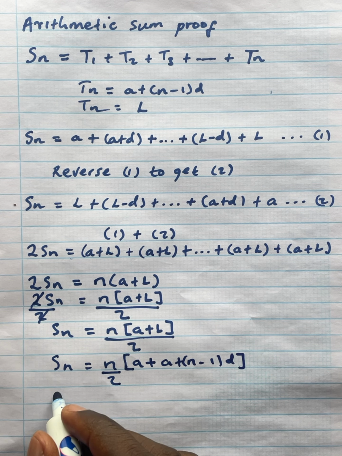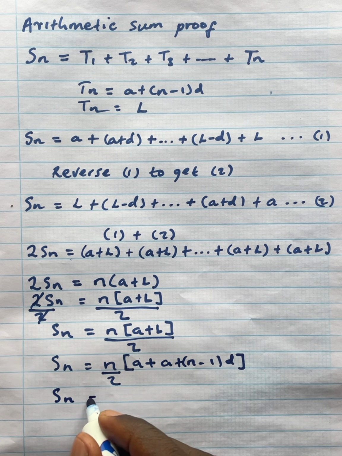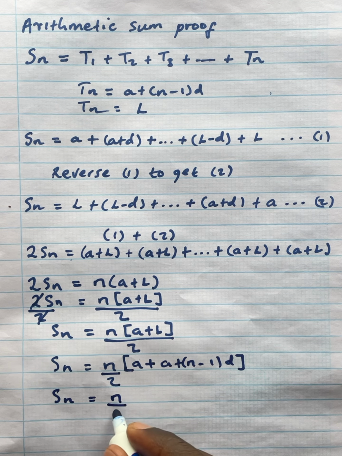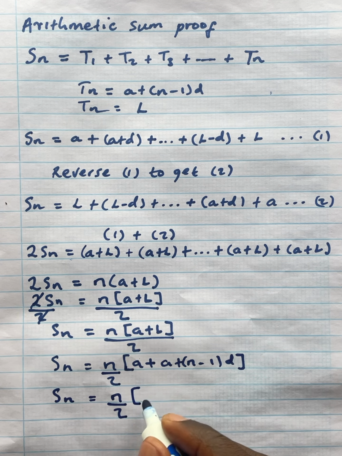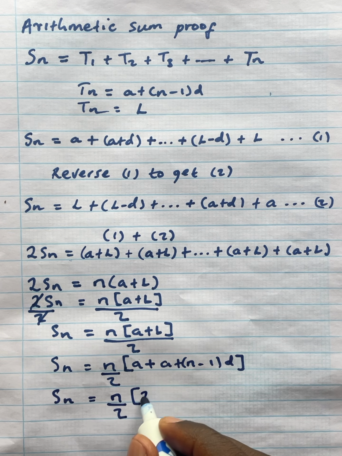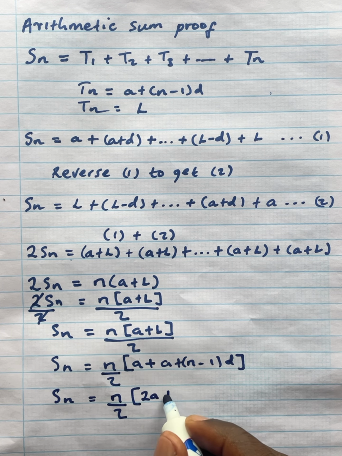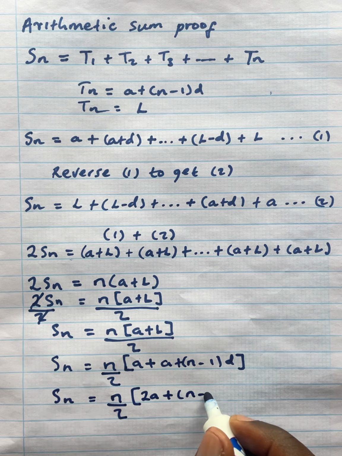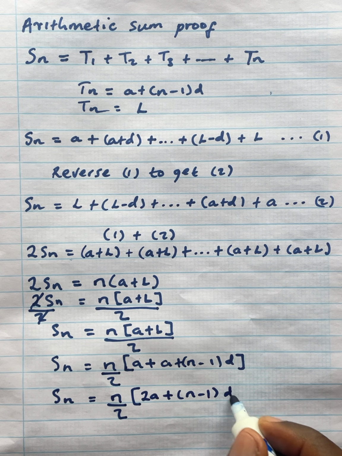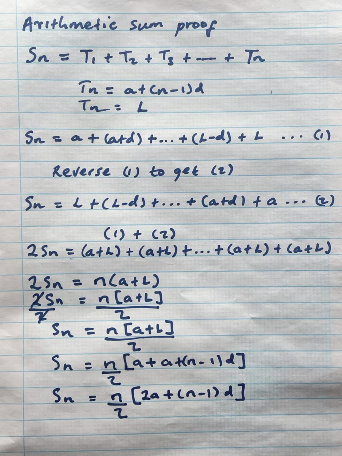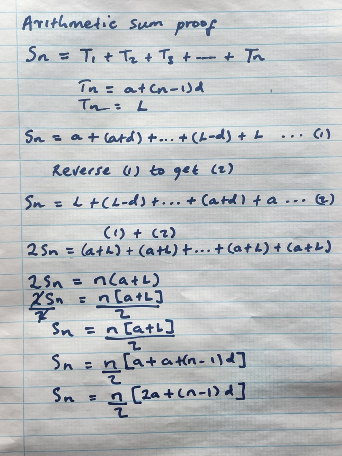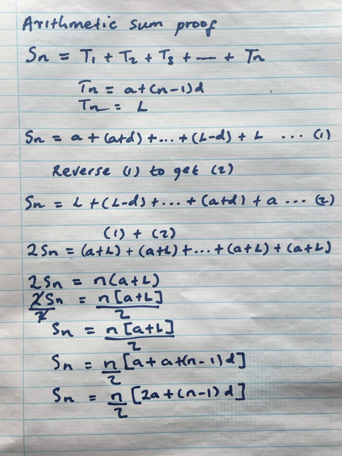And therefore S of n is equal to n over 2 open bracket a plus a. This gives us 2a plus (n minus 1)d. So that's it. That's how you do the arithmetic proof.